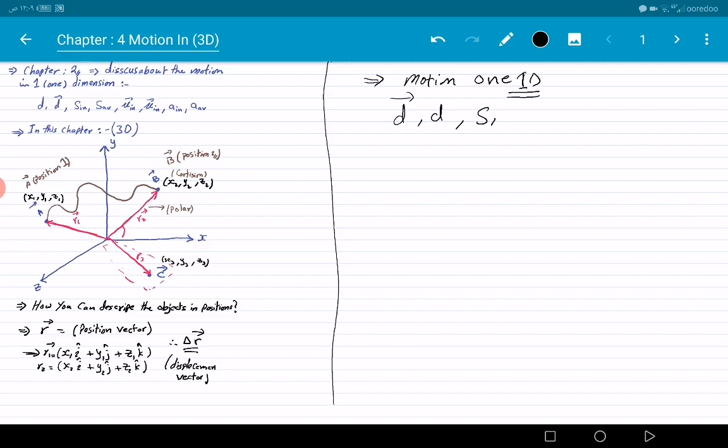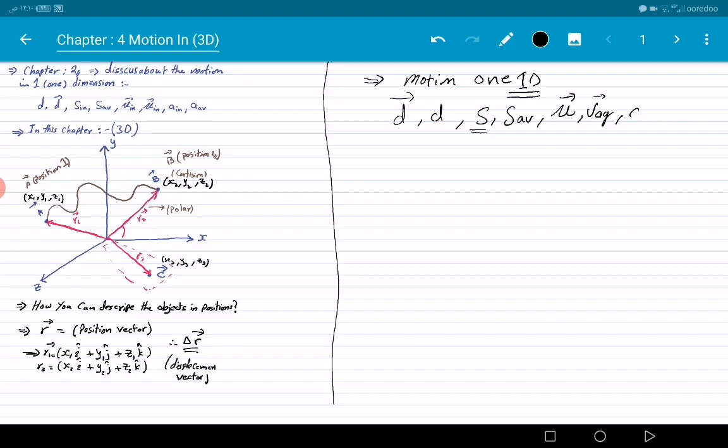speed, average speed, instantaneous speed, and also velocity, instantaneous and average, as a vector.